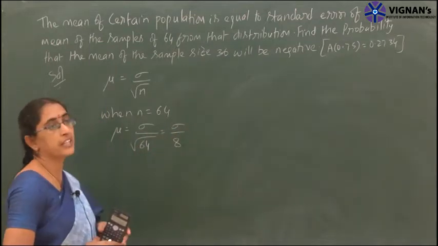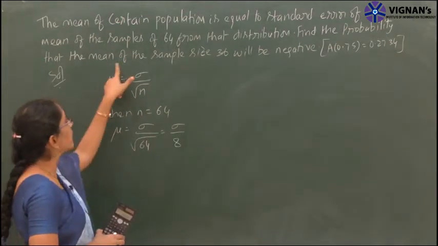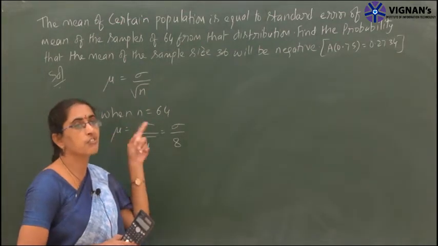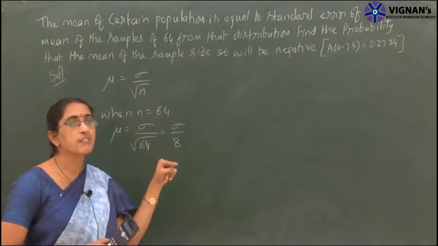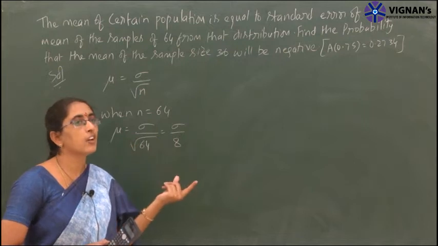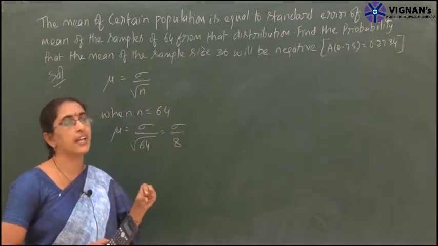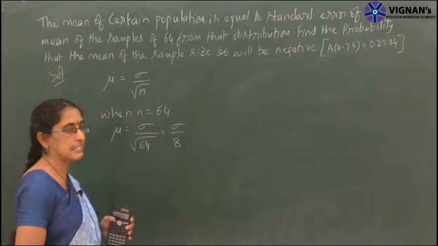Now what we have to find? Find the probability that the mean of the sample size 36 will be negative. So the mean of the sample size 36 being negative means the probability of x bar less than 0, which we have to find when n equals 36.